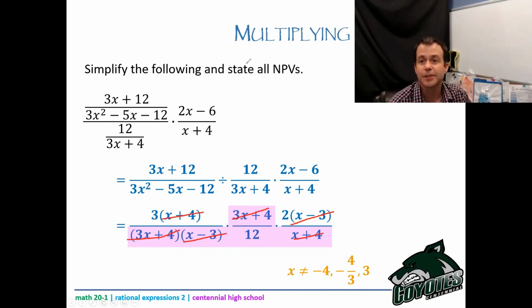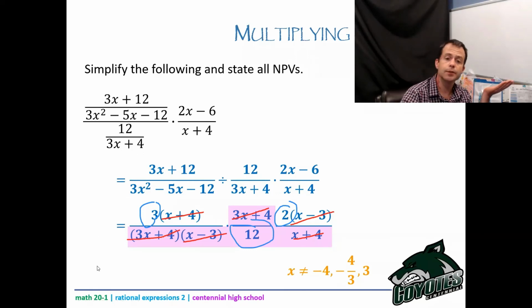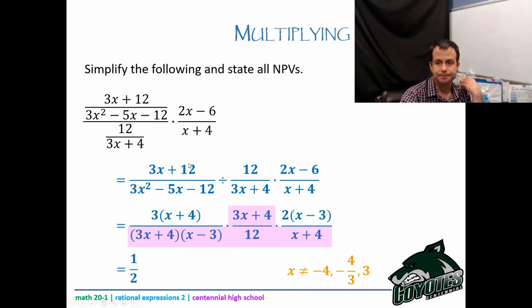Okay, so what am I left with? Well, I have a 3 times a 2 on the top, so that's going to be a 6. And then I've got a 12 on the bottom. So overall, I'm left with 6 over 12. 6 over 12 reduces to 1/2. See, so it wasn't as scary as it looked, right?